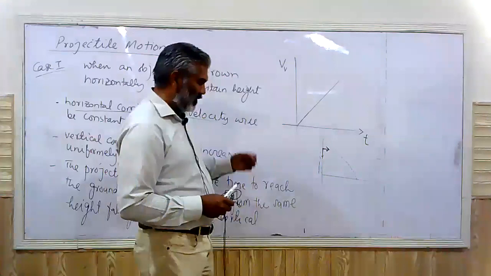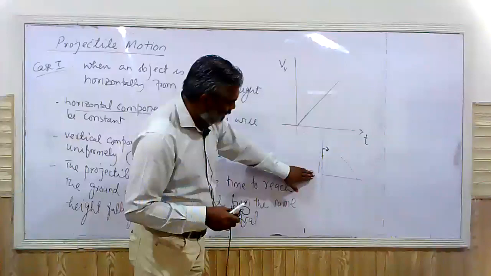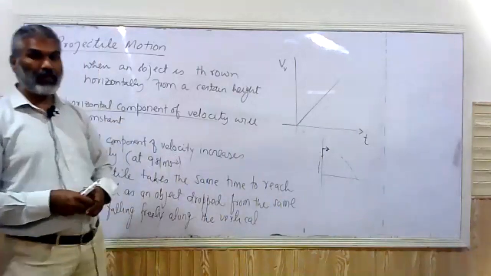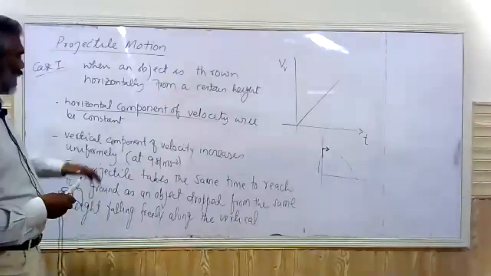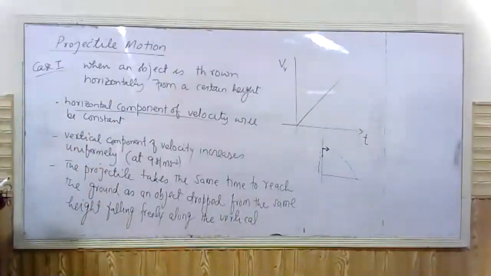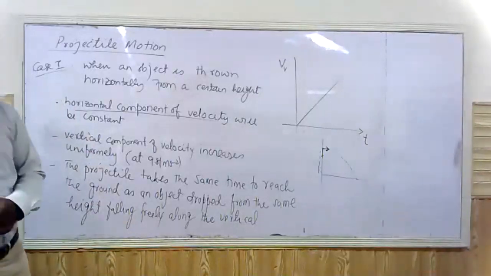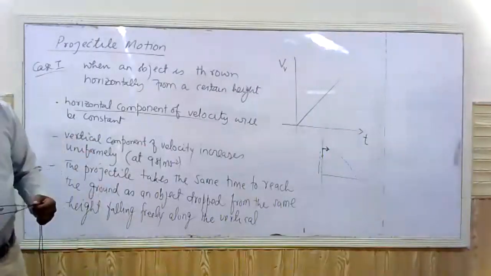So if I know the displacement, I quickly calculate what time it should take, because the initial velocity is 0. So the second equation of motion is really helpful in those situations in which you are calculating the time to reach the ground level, if this is the kind of projectile motion we are talking about. I stop here.